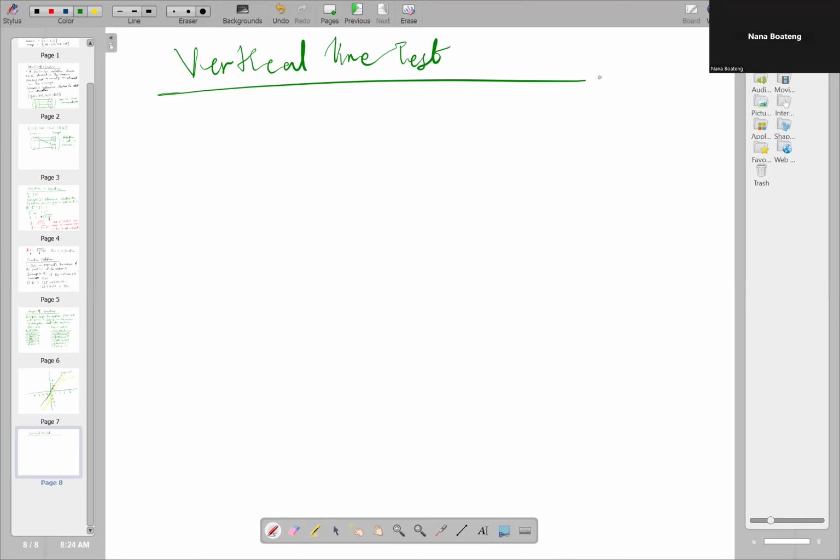So it basically means if we draw a vertical line through a graph and it intersects the graph more than once, then that graph is not a function. So let's use an example to explain.